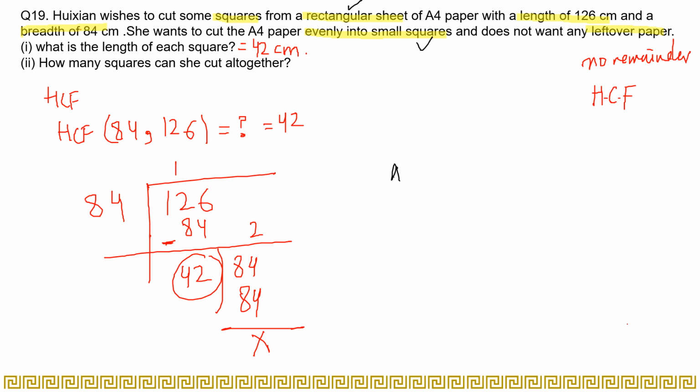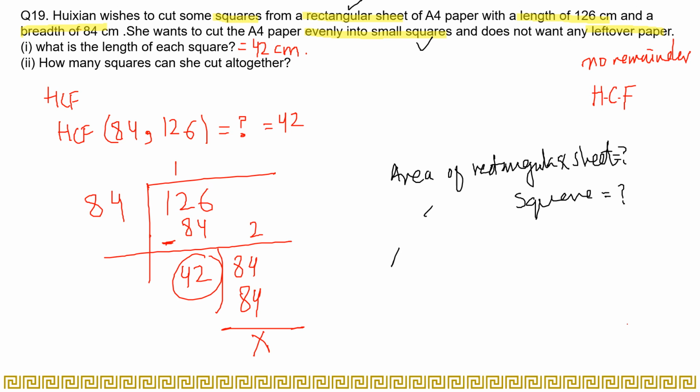That means we need two things here, that is area of rectangle or rectangular sheet, and we also need area of square, right?